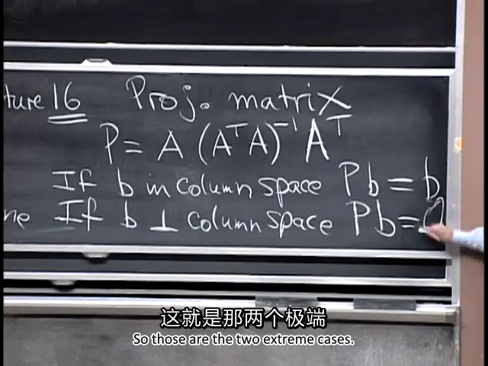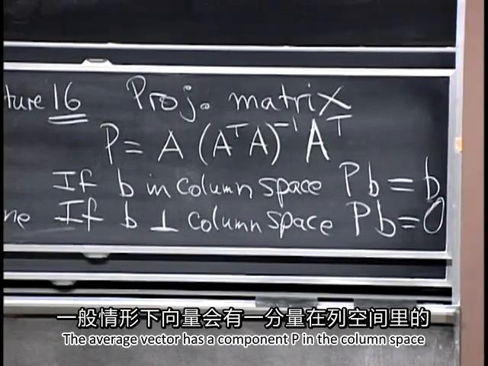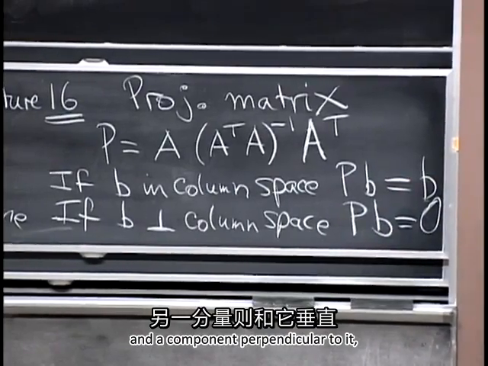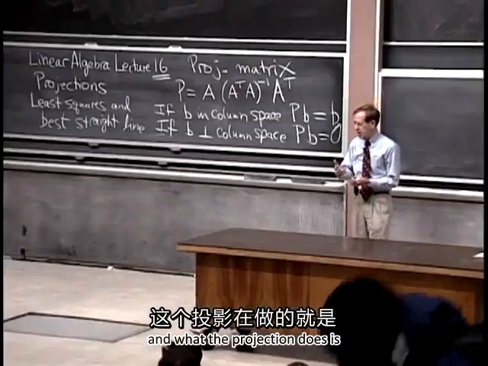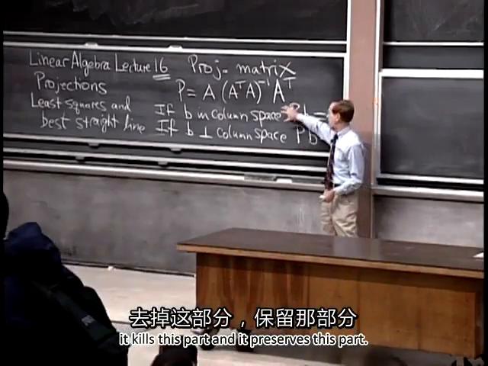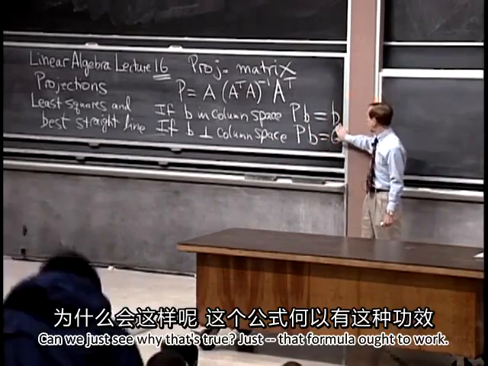Right. So those are the two extreme cases. The average vector has a component in the column space and a component perpendicular to it. And what the projection does is it kills this part and it preserves this part.